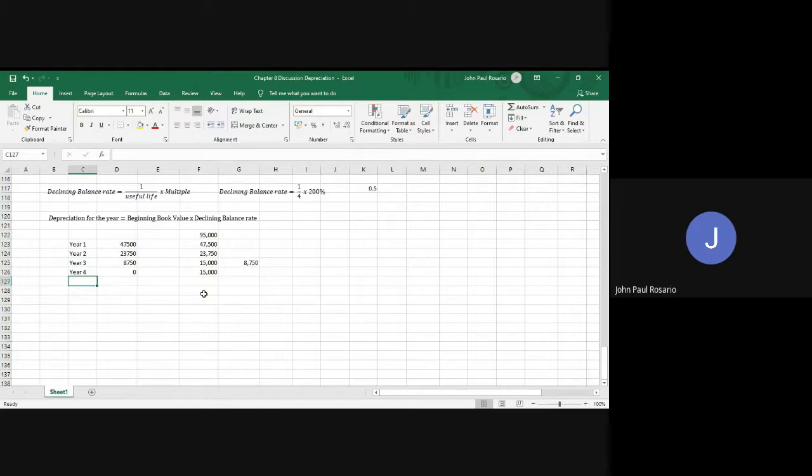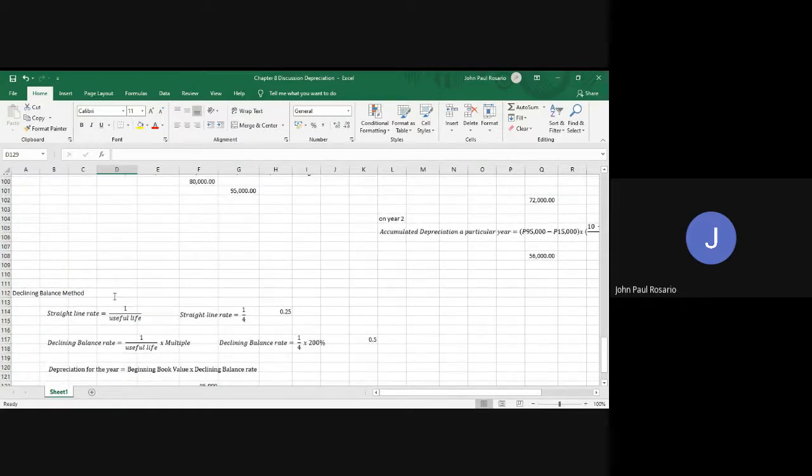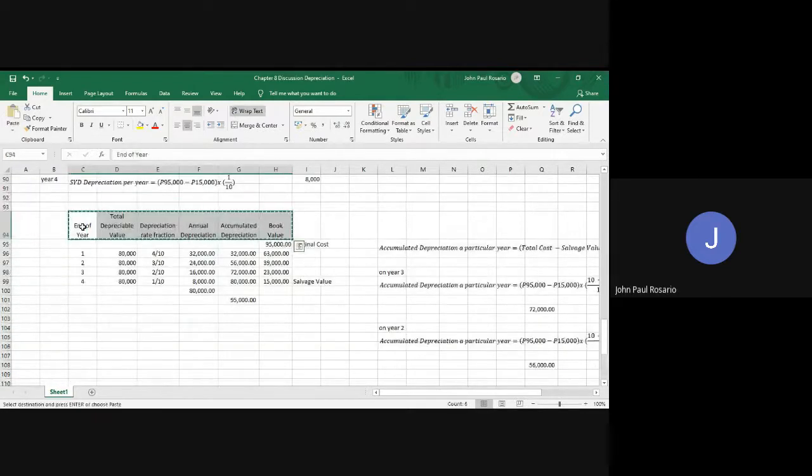So with that, after computing for our depreciations for the year, now we can create our table. So we have six columns. We'll use this.